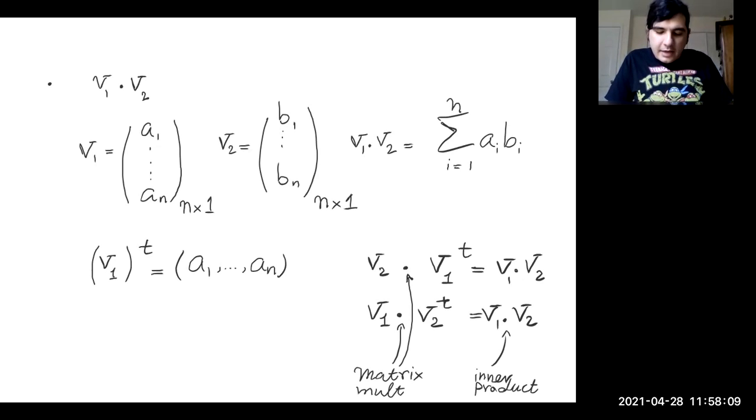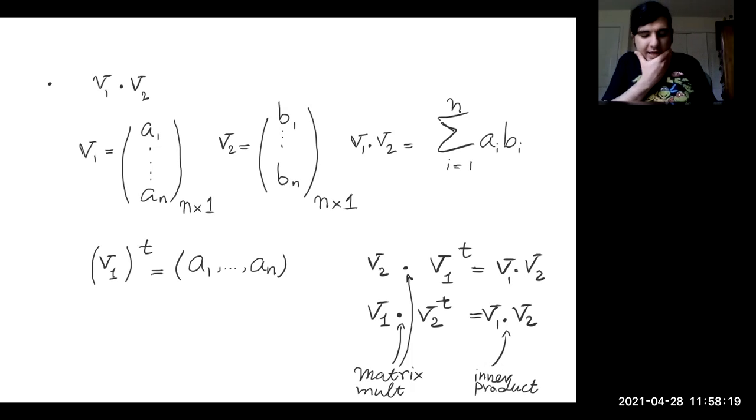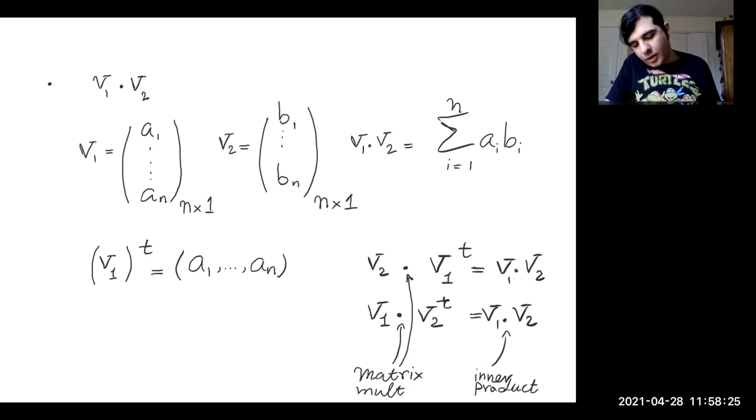So having that in mind, yeah, that is correct. Sorry, we want a 1 by 1 matrix, so I should multiply V1 transpose, which is 1 by n, by V2. You are perfectly right.